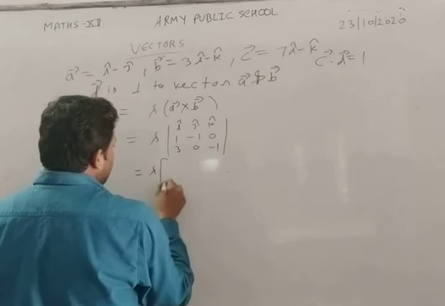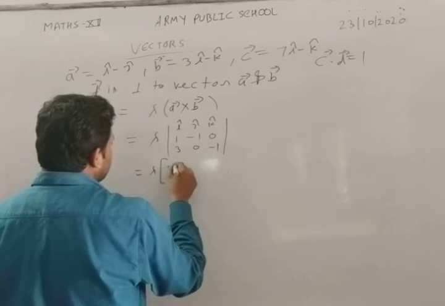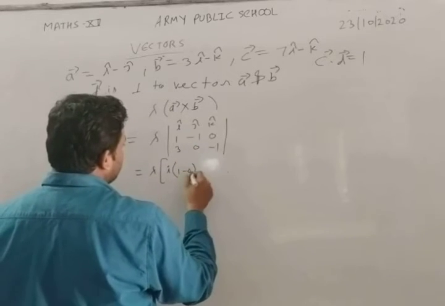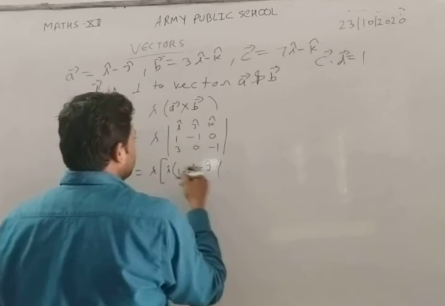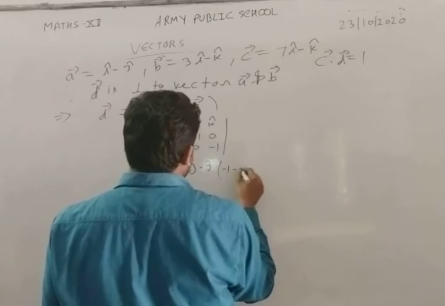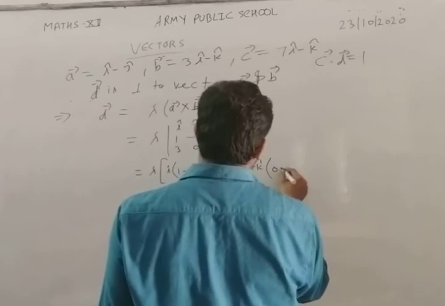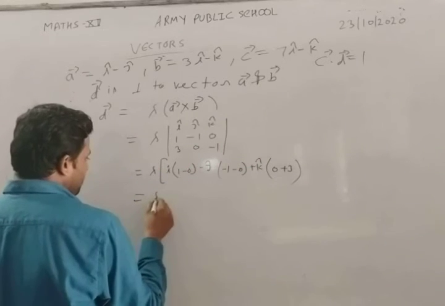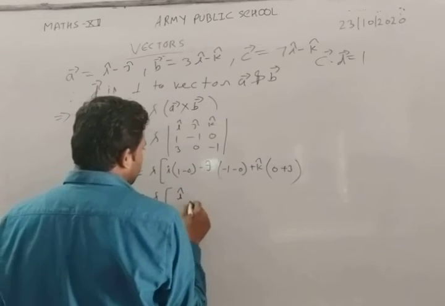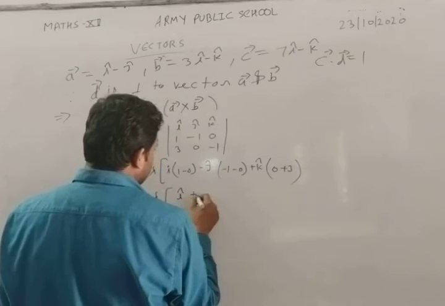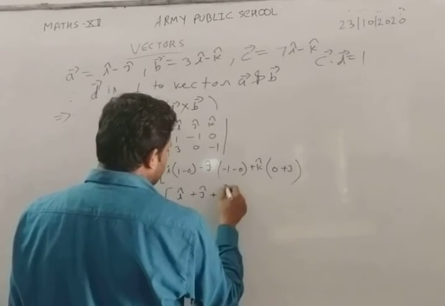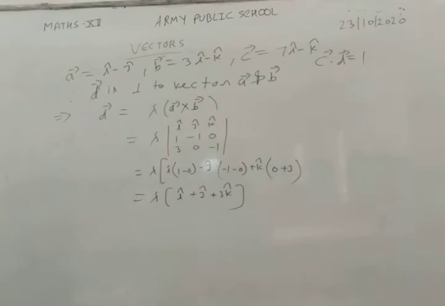So lambda, taking i outside, it will be 1 minus 0, j, it will be -1 minus 0, plus k, it will be 0 plus 3. Now lambda, this is i plus j plus 3k. So vector D is lambda i plus j plus 3k. It is our vector D.